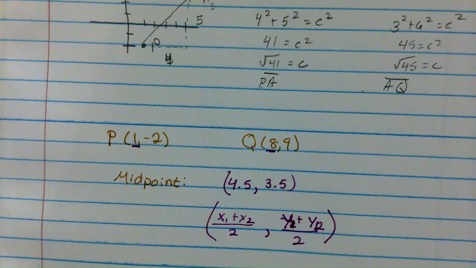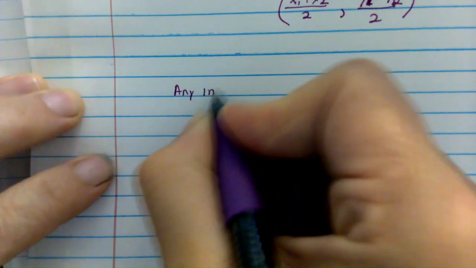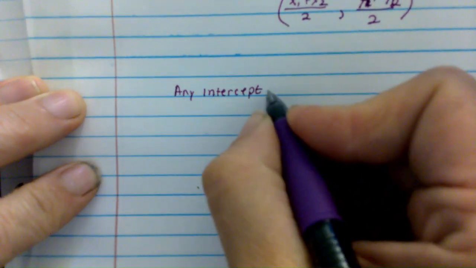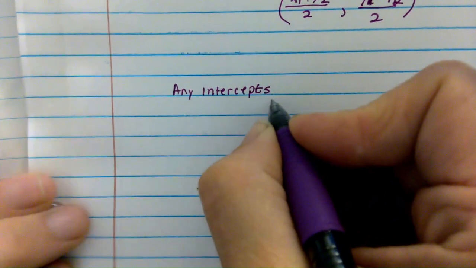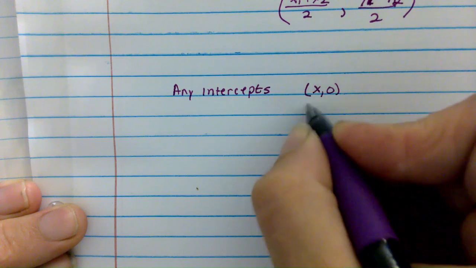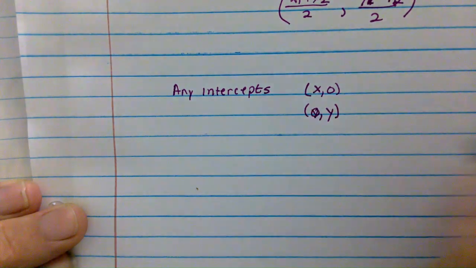And then I also tell my students that anytime they're graphing for me, things that you must see are any intercepts. I don't care if it's a decimal, a fraction, a radical. Make sure any intercepts show up. So that would be any x, 0 and any 0, y that would exist.